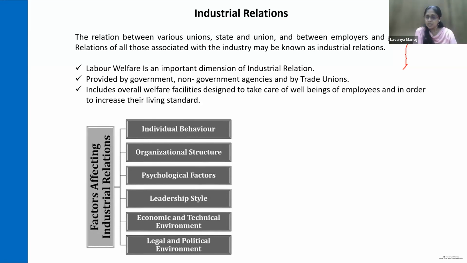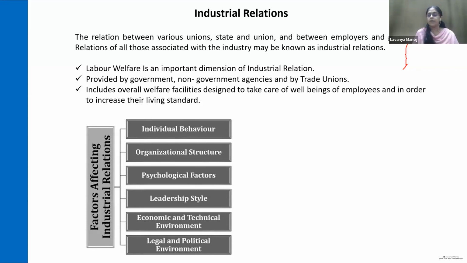Then the organizational structure, the structure of the organization. The CEO may say, no, it's not in my hands, it's in the shareholders' hands. And the shareholders may say, no, we are just shareholders, we are not the decision makers, the CEO has to make the decision. So the organizational structure and whose responsibility it is may postpone the decision of accepting a few requirements on behalf of the employees.